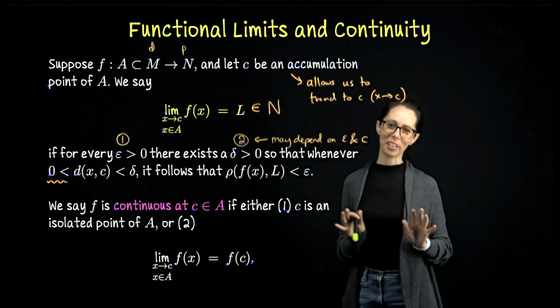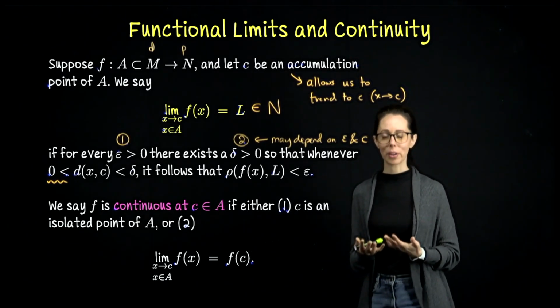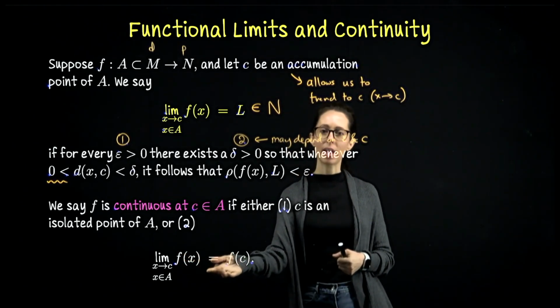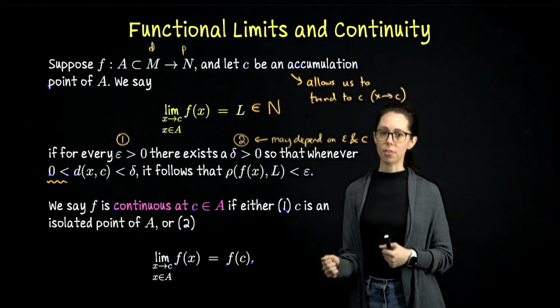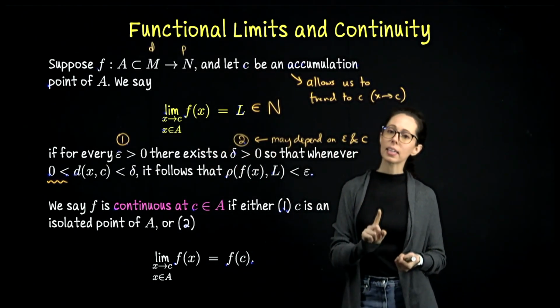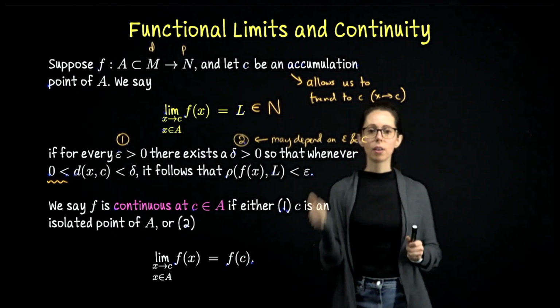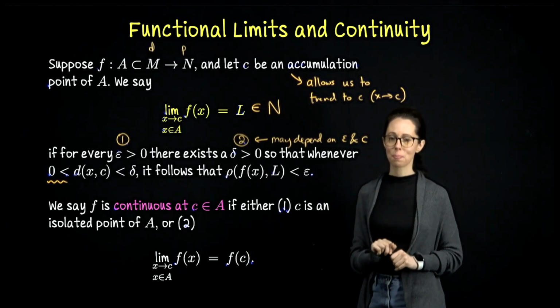That's not usually what we're looking at with functional behavior. The second condition is probably what you're expecting, and that is that the limit as x approaches C of f of x exists, meaning this is satisfied, and it's equal to the value the function takes at C. So the limit exists, f of C exists, and they are equal to each other.